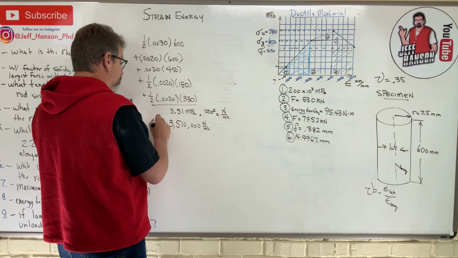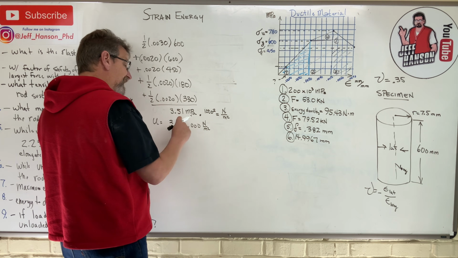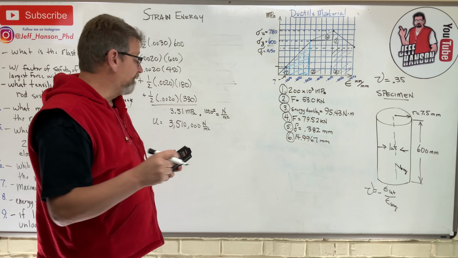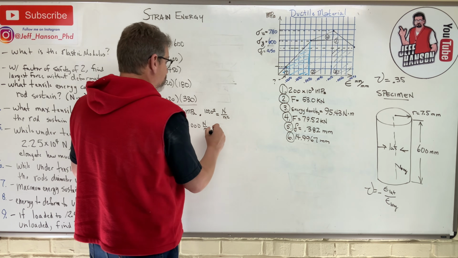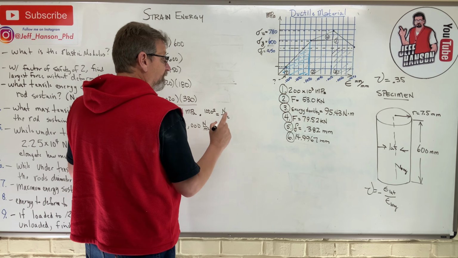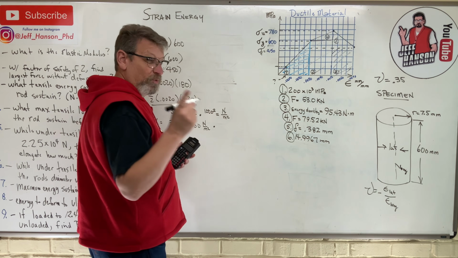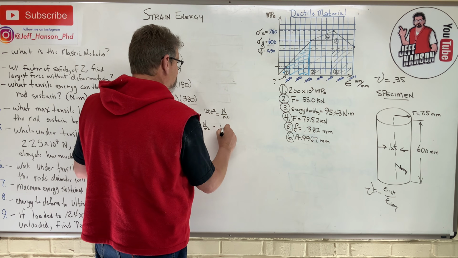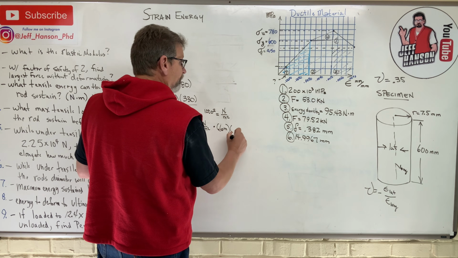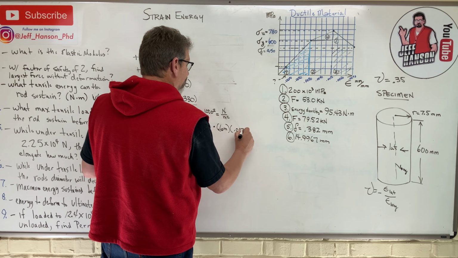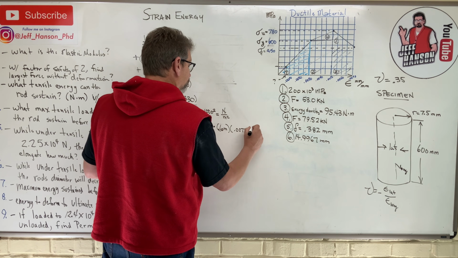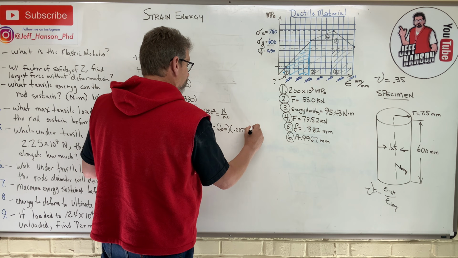Okay, that's U. Okay, now we're going to take that number and do what? Multiply it by the volume. Okay, so times the volume. We should have wrote this number down and we had already had it, but I didn't. So here we go. 0.6 meters times 0.0075 meters squared times pi, right?